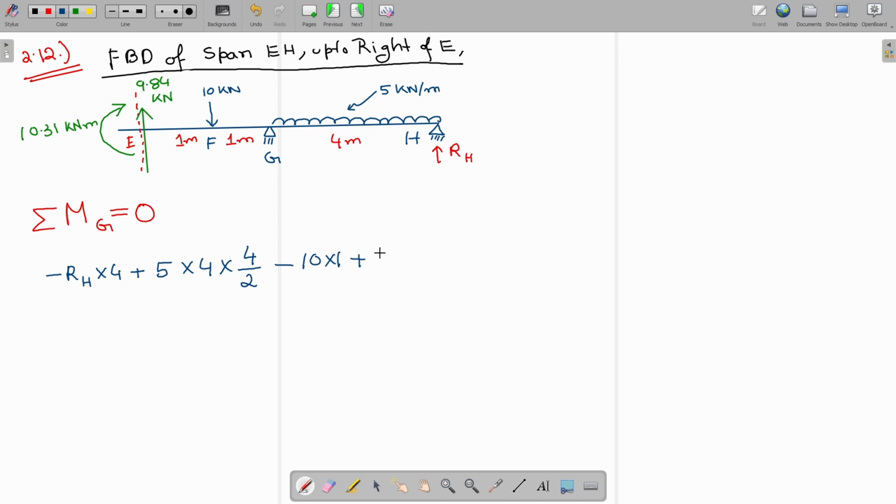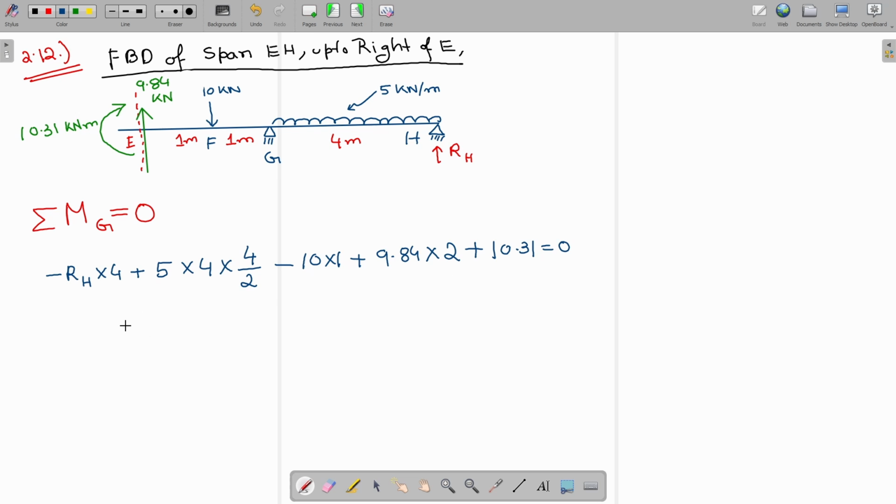Plus this shear force 9.84, which is acting upward, is acting in the clockwise direction, so plus 9.84 into, it is 2 meter away from here, so into 2, plus this moment 10.31, sagging, in clockwise direction or anti-clockwise direction, whatever, is equal to 0.